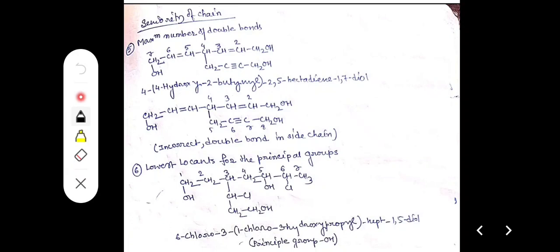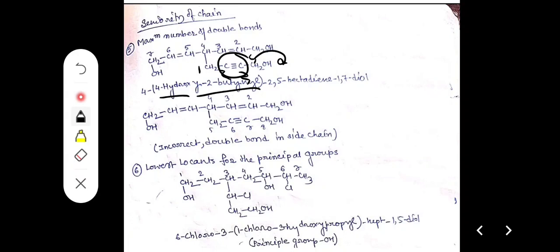Okay. So there should be 4-(4-hydroxy-2-butynyl), because if we consider another numbering system, this is 1, this is 2, this is 3, this is 4. So the 4 position has the OH group, so we term it 4-hydroxy, and the 2 position bears the triple bond, that's why 2-butynyl.